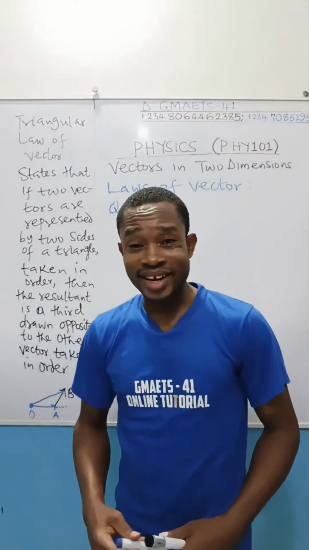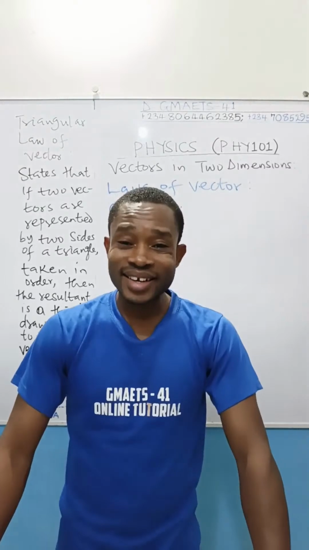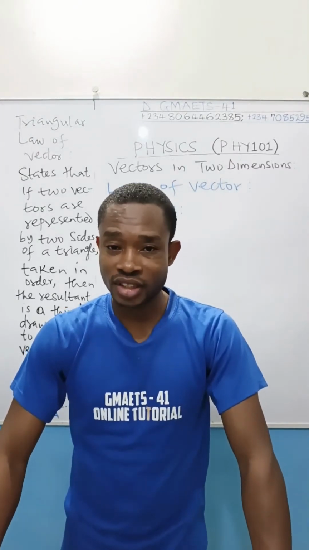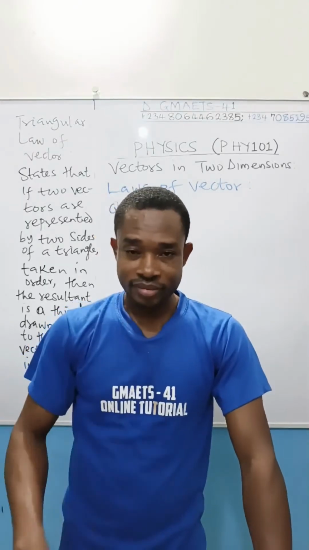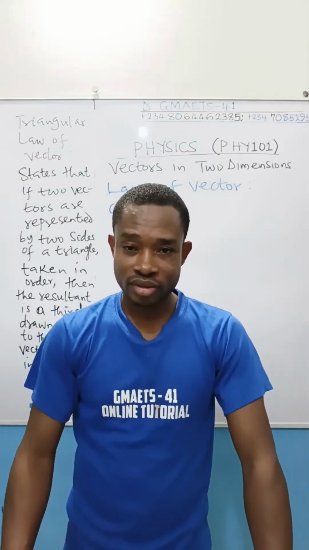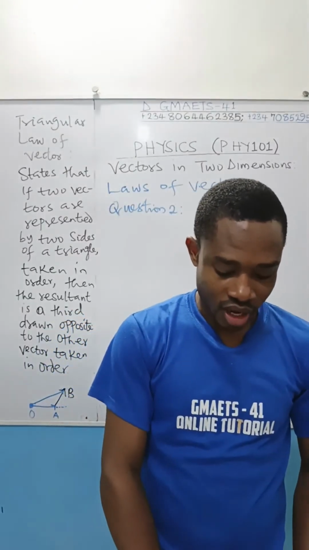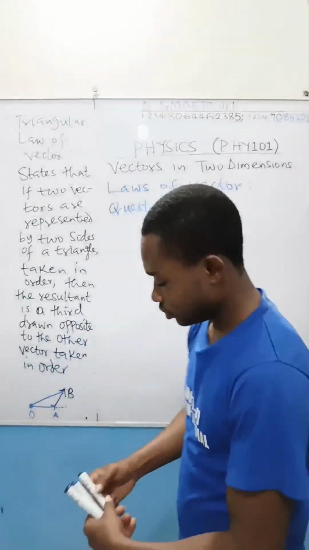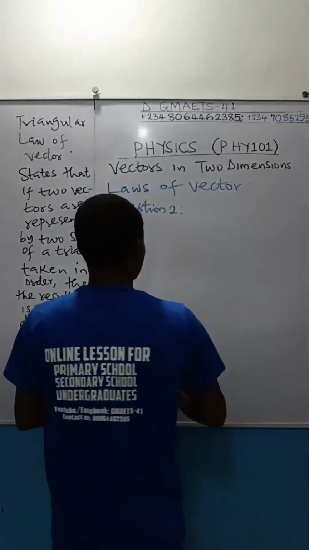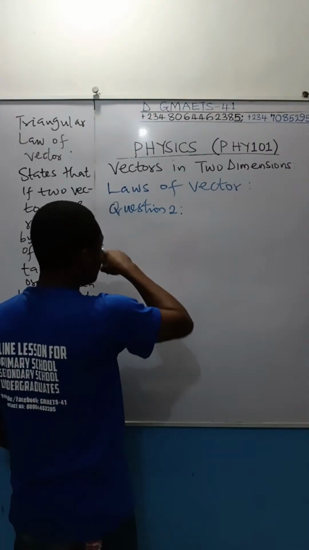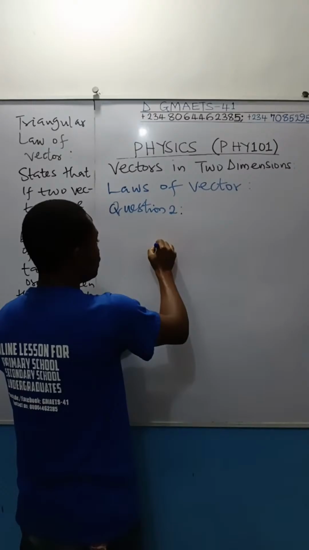Two vectors are inclined at an angle of 45 degrees. Calculate the resultant and its direction. So the two vectors, they are inclined at an angle of 45 degrees. So it's something of this kind. Can make a sketch.